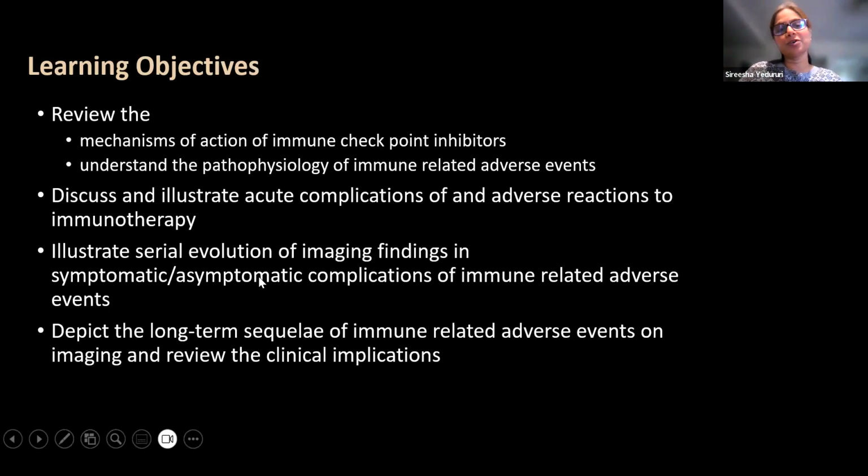And then I'm going to show, which is a topic dear to my heart, how the disease evolves over time. What happens to these findings over time? When something presents as acute findings on imaging, what do they become over time? I'm also going to illustrate that in some select cases. And then obviously the temporal evolution, and what the long-term sequelae are.